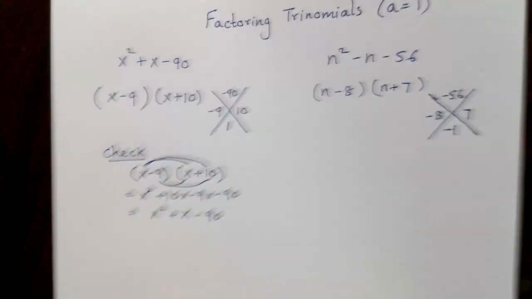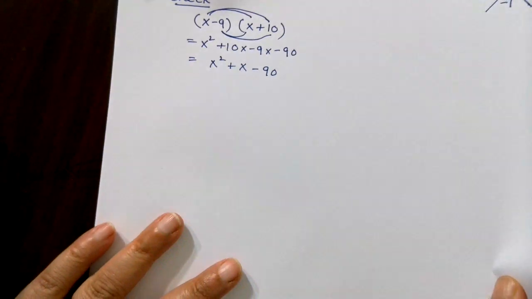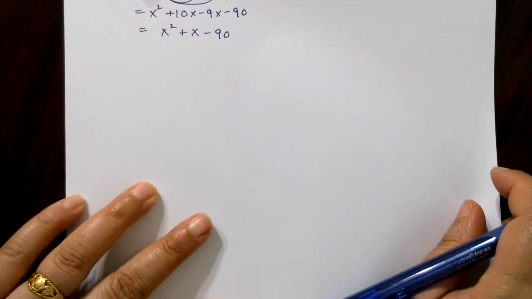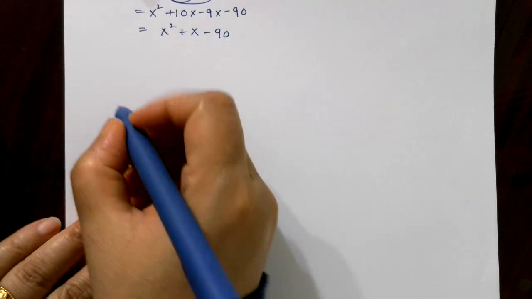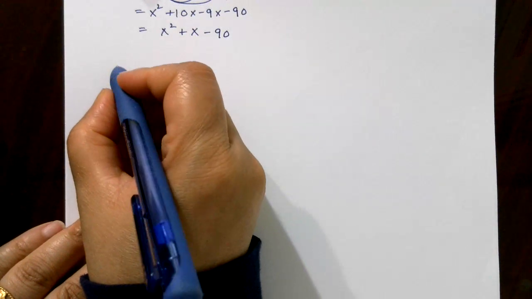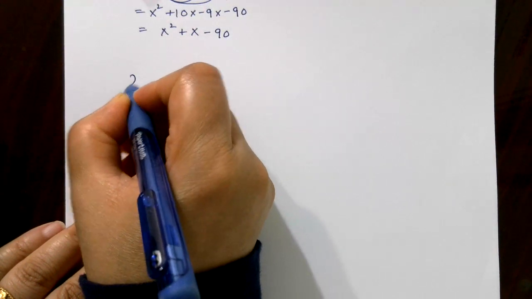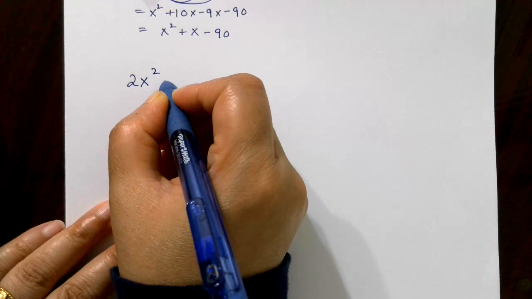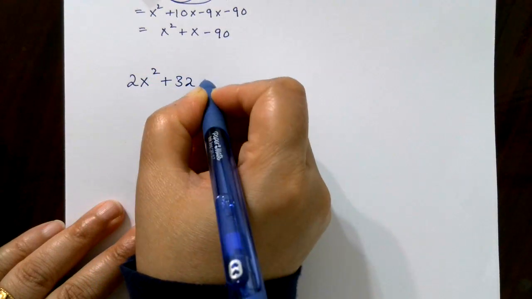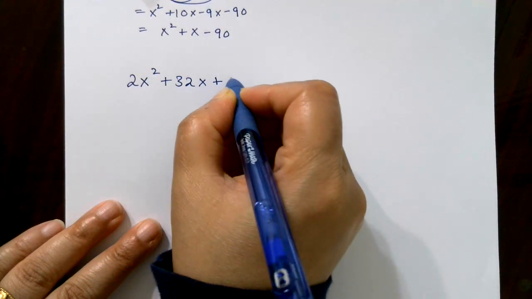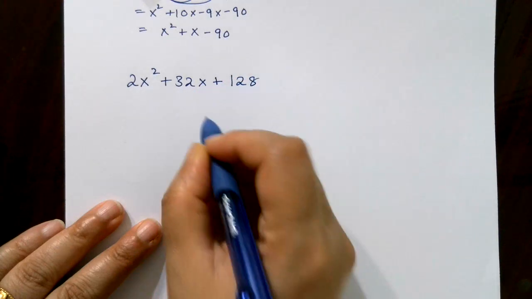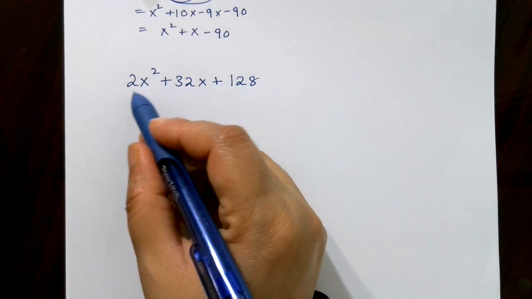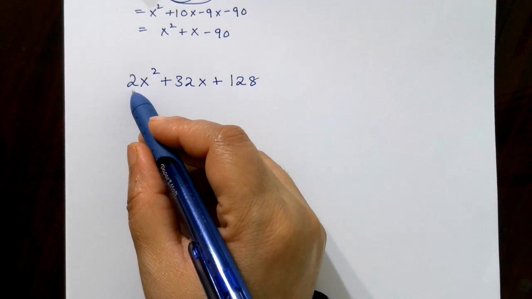Okay, let's do another problem. 2x squared plus 32x plus 128. You might be thinking that the coefficient of x squared is not a 1 in this case.